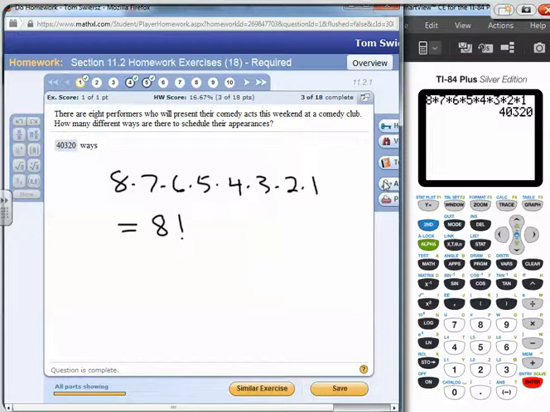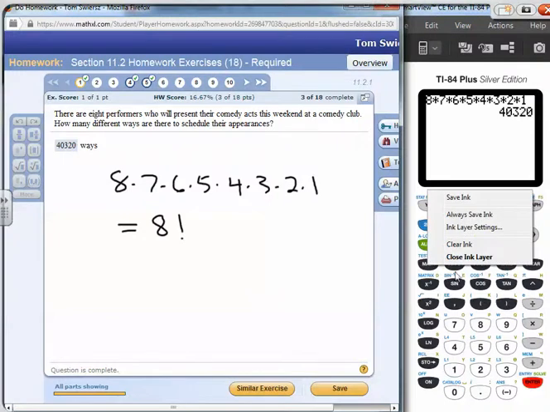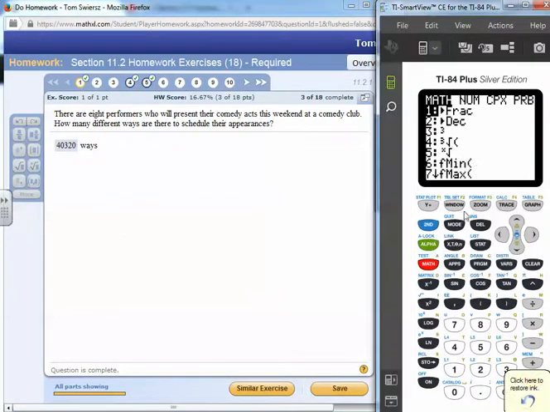The shortcut on the TI-83 is you click on the math key, which is below the alpha key.